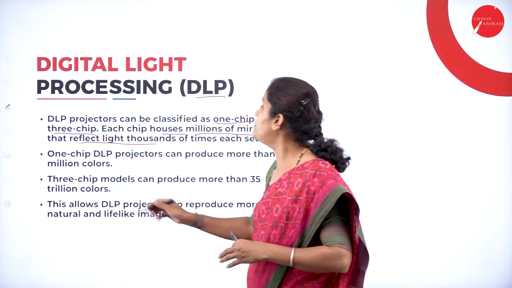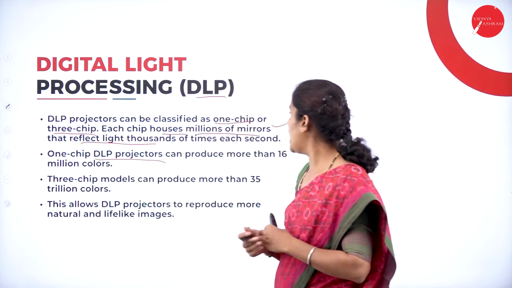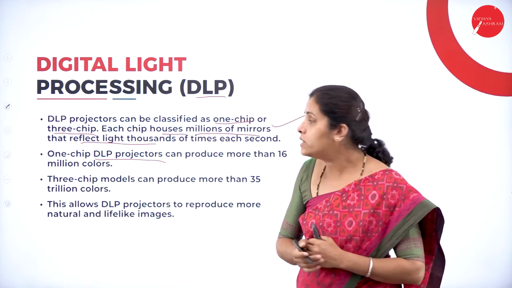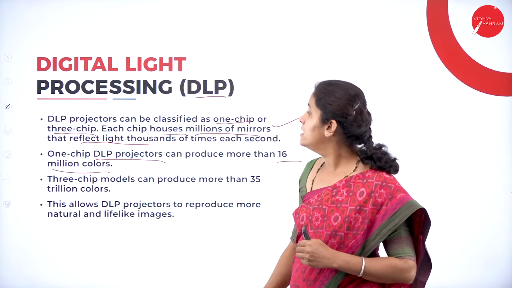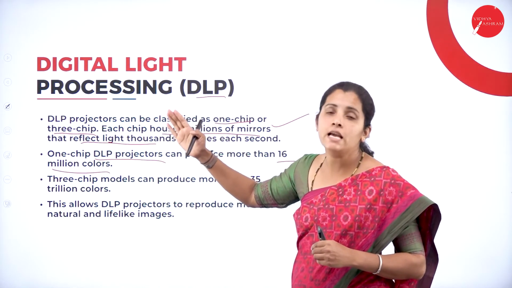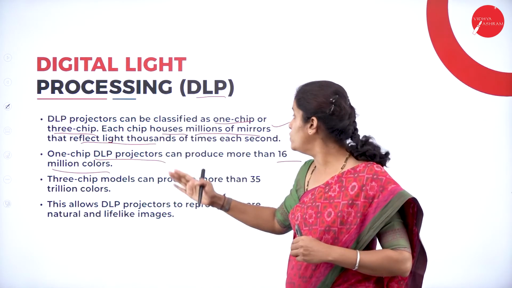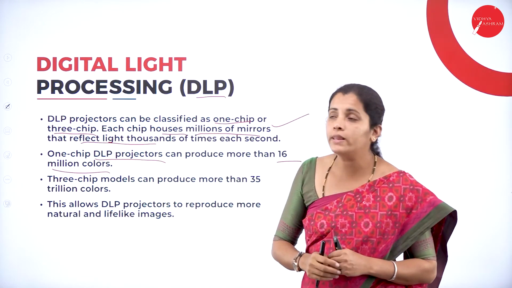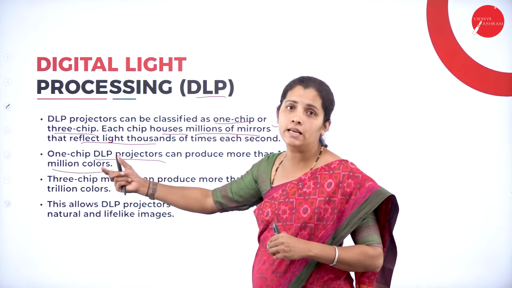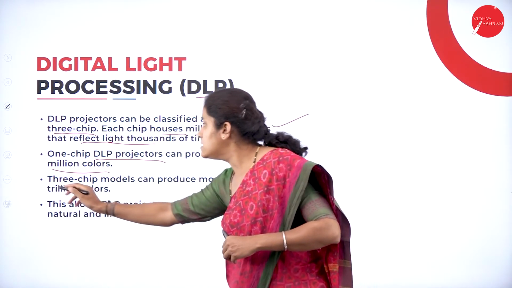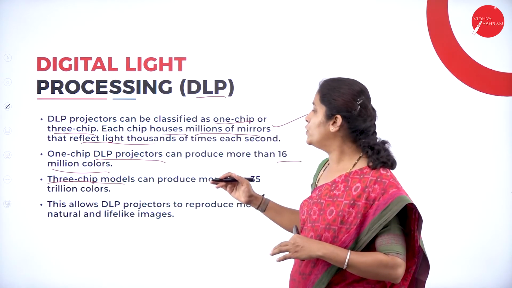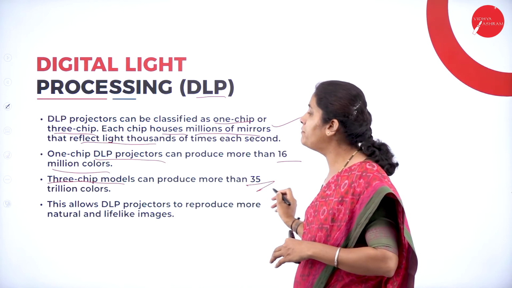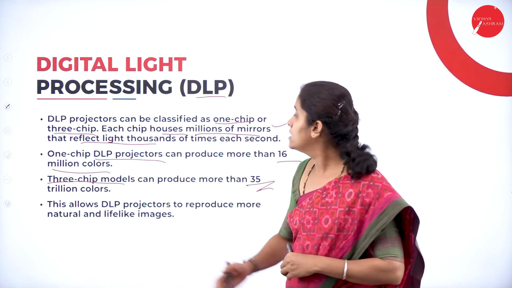So, one chip DLP projectors can produce more than 16 million colors, whereas a 3 chip model can produce more than 35 trillion colors.